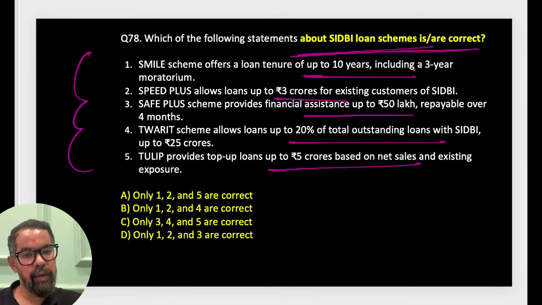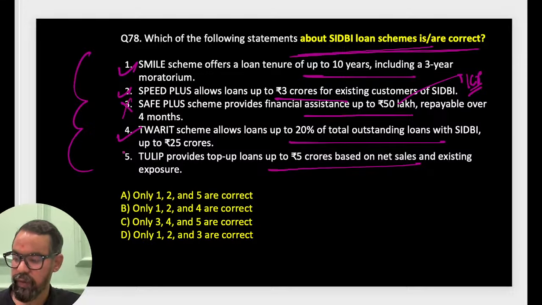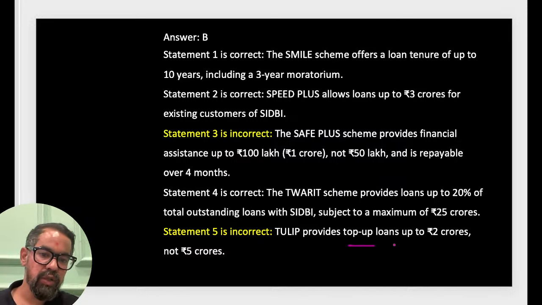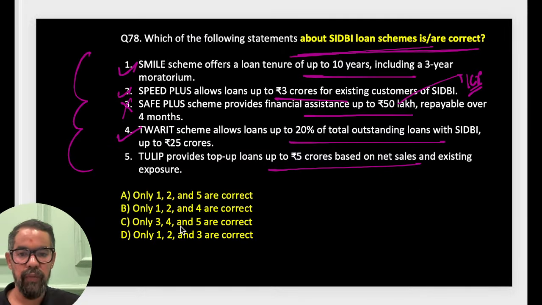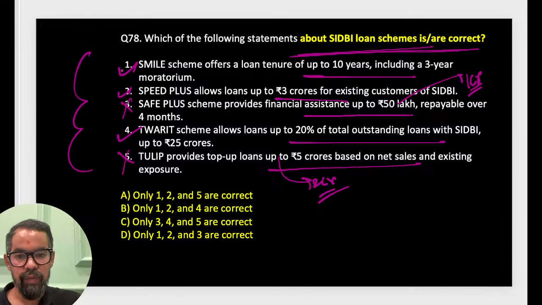This is 1 crore, this is 1 crore and this is wrong. 1, 2, 4 these are true. What do you say about the fifth statement, guys? Okay, C means no. 1 this is true. Fifth statement I need to check. TULIP provides one stop loan for 2 crores, not for 5 crores. So TULIP is for 2 crores, not for 5 crores, means wrong. Means 1, 2, 4, option B will be the right answer for this one.